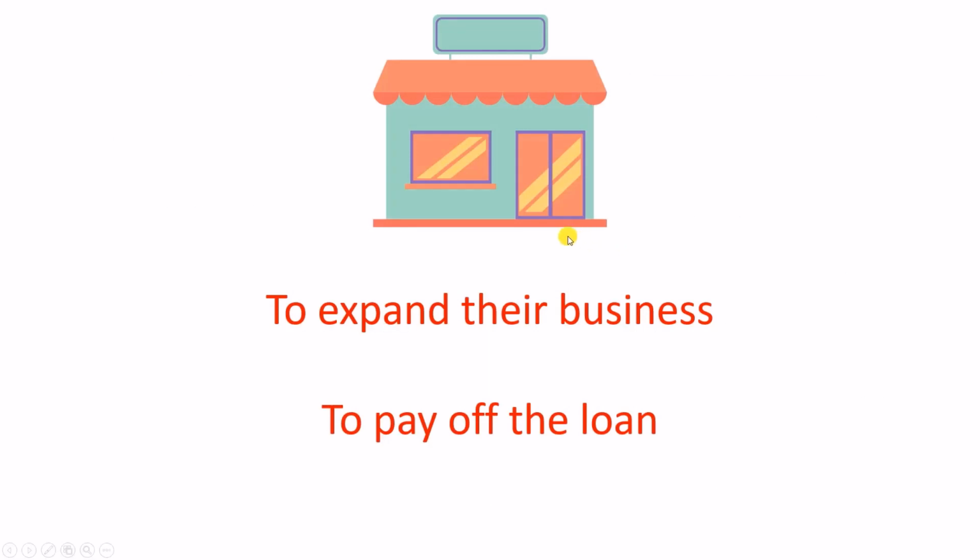Now, why does the company want extra money? It may want to expand its business, or the company may want to pay off the loan that it already has. For many reasons, the company may want to offer rights issues.